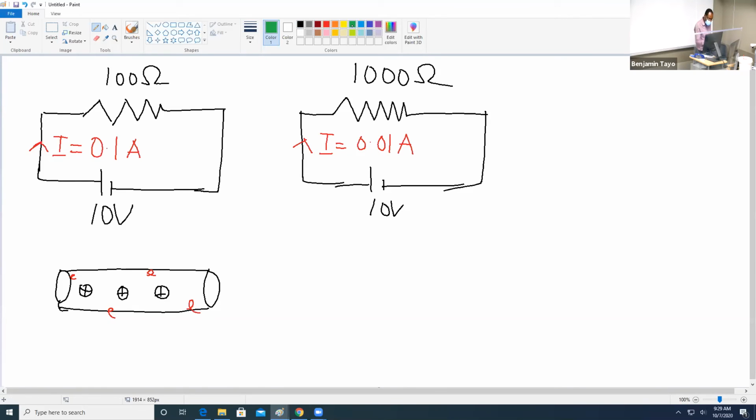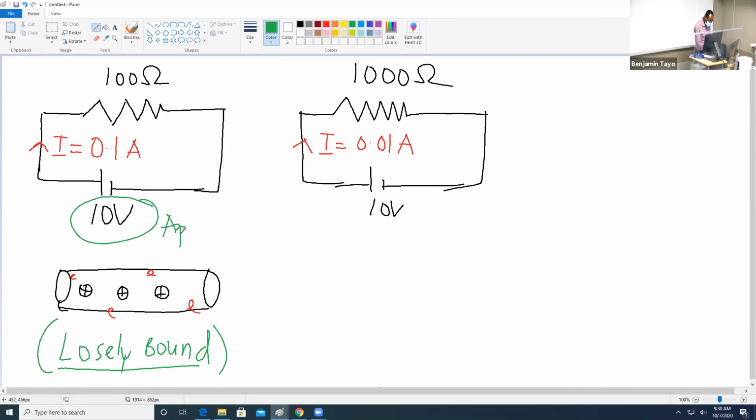You can see that these electrons are loosely bound. Because the electrons are loosely bound, the electrons can easily move in the presence of an applied voltage. Now let's look at the 1000 ohm resistor.